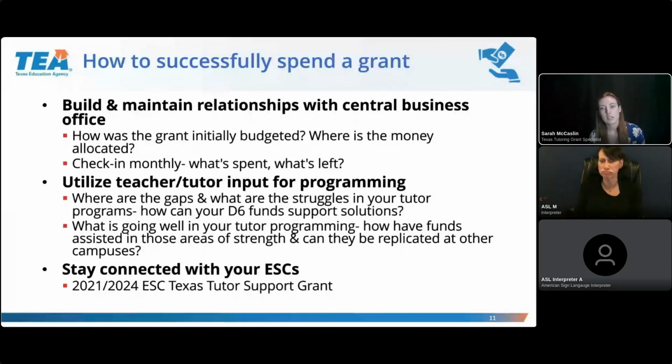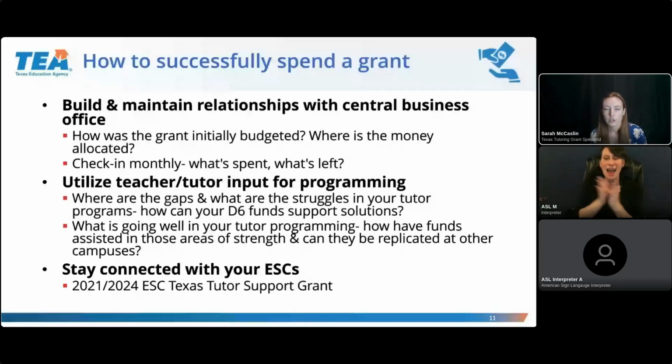And if you are listening to me now and you are the person that's working in the central business office, how can you foster and create relationships with other campus and district leaders that are closer to the work? So consider things like monthly check-ins, even if it's pretty informal, to talk about what has been spent, what's left, and then really taking it a step further to utilize teacher and tutor input for programming.